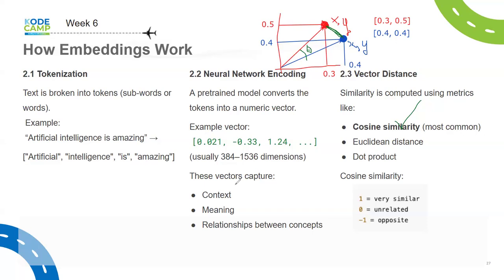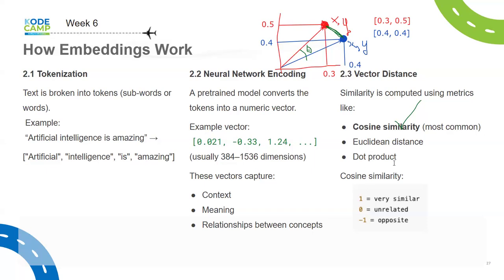By the time you simplify it, you calculate the difference between x, the red x and the blue x, and then the difference between y, the red y and the blue y. So x0 minus x1 squared plus y0 minus y1 squared, and you take the square root of that. That's a Pythagorean equation, right? That will give you this distance here. That's the Euclidean distance. So that's another measure of similarity by measuring the distance.